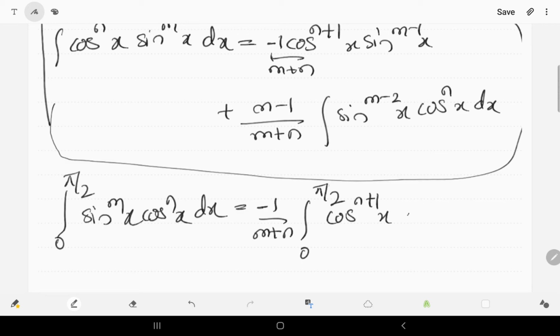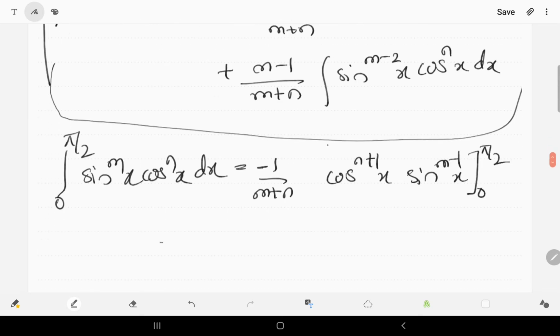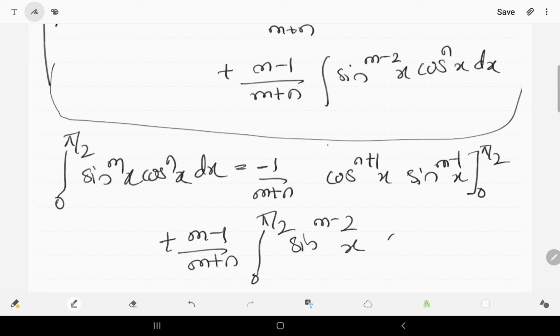So, here there is no integration sign, therefore cos raised to nx sin raised to m minus 1x varies from 0 to pi by 2, plus m minus 1 divided by m plus n, integral from 0 to pi by 2 of sin raised to m minus 2x cos raised to nx dx.